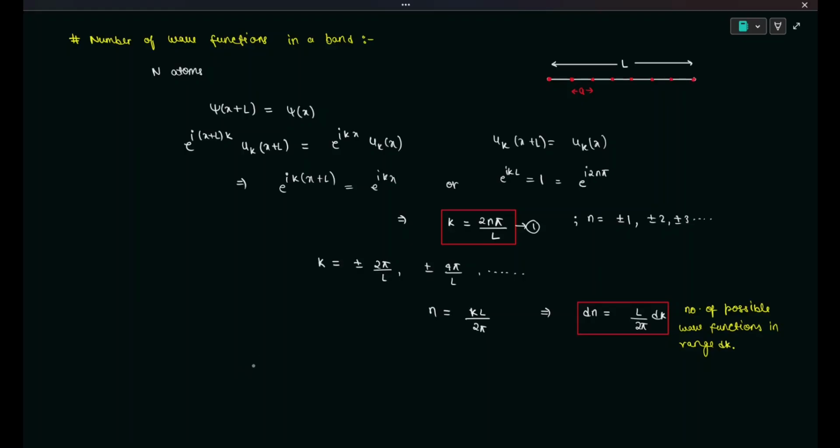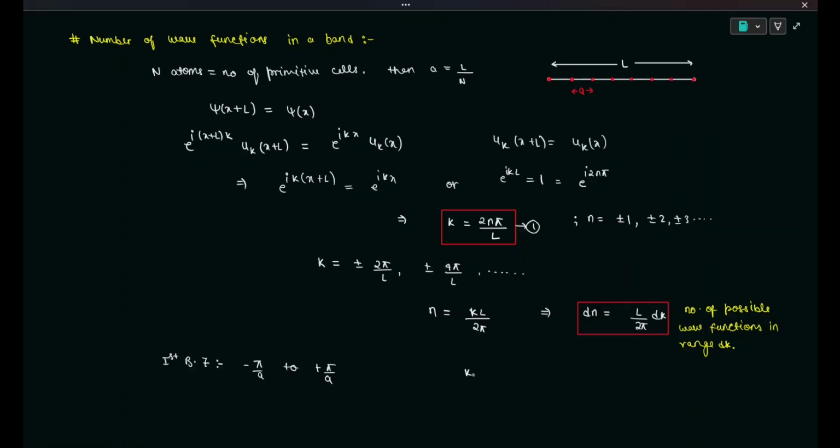Now if you remember, the first Brillouin zone extends from minus pi by a to plus pi by a, where a is the length of the primitive cell. If n is equal to the number of primitive cells, then a must be equal to L divided by n.